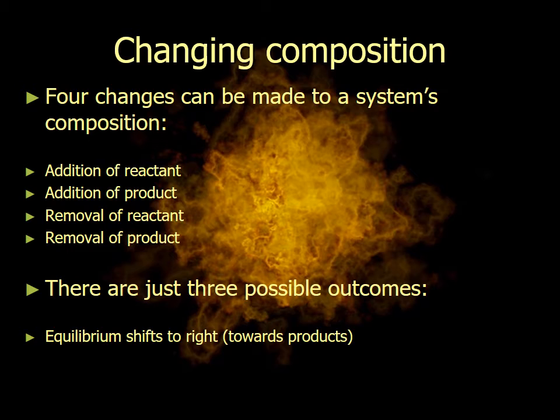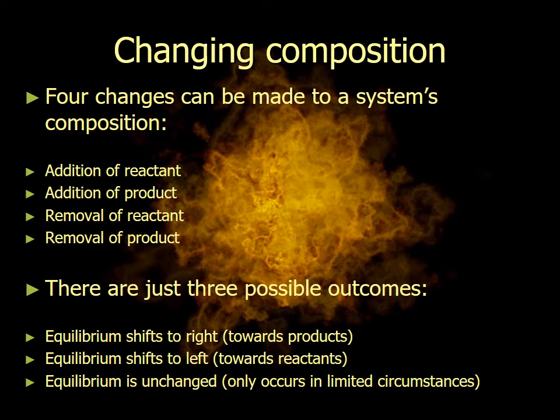So most of the time the equilibrium will either shift to the right towards the products, or it will shift to the left towards the reactants. So those are the 2 main outcomes, but there is a third that we should be aware of. The equilibrium is unchanged, and that will occur in very limited circumstances. That normally won't crop up, but we should be aware of it. So let's have a look at how we're going to know which way it shifts, to the right or to the left.